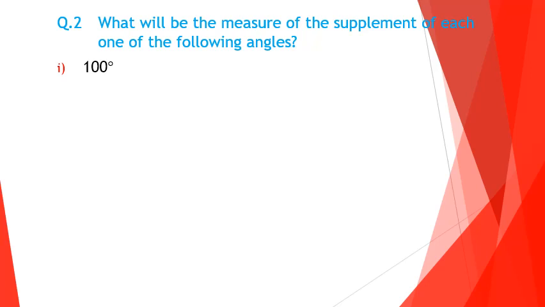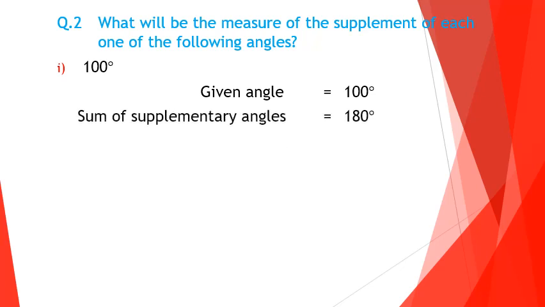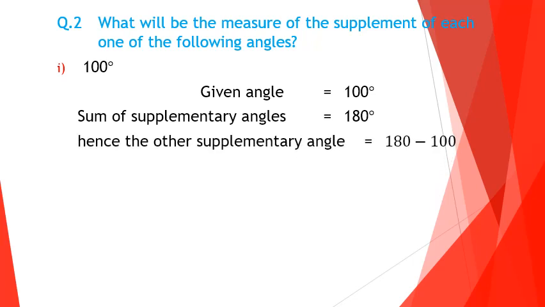Hence, the other angle is 180 minus the given angle. Given angle equals 100 degrees, sum of supplementary angles equals 180 degrees. Hence, the other supplementary angle equals 180 minus 100, which equals 80 degrees.